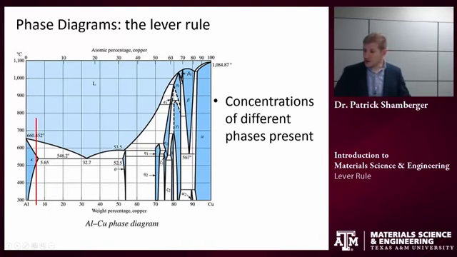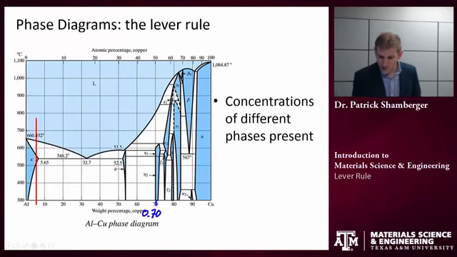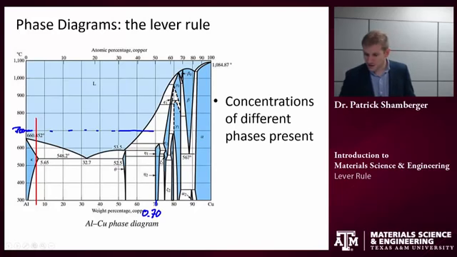Okay, we did it with a fairly simple phase diagram. Let's do it with a more complicated phase diagram. Let's say I'm here at 70 weight percent copper. And let's say I'm looking at this temperature, 700. So I can follow that across, I can follow this up, and I get a composition of the liquid.